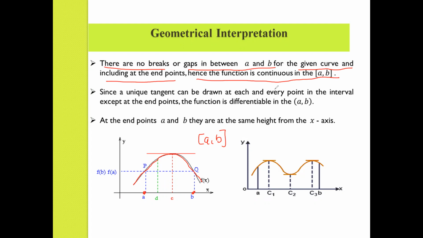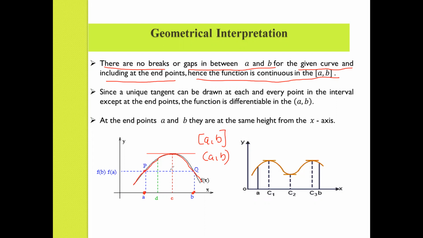Then the second point we have said is the function should be differentiable in the open interval A comma B. So how to explain this? A unique tangent can be drawn at each and every point on the interval except the endpoints.